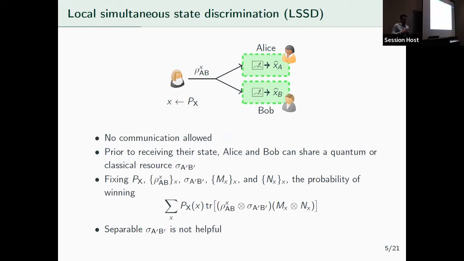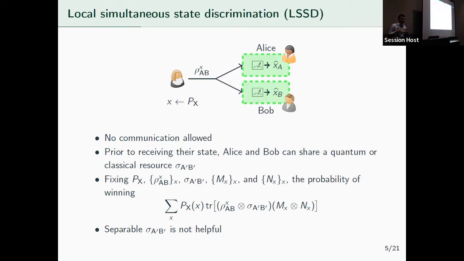Now I have a few remarks about the model. First, there is no communication allowed between Alice and Bob. This is very different from the case that they can have some classical communication. For example, if they can communicate, if Alice finds the value of x, then she can send it to Bob. But here they should separately find the value of x. However, we allow them to share some resources. For example, they can share the quantum or classical state sigma_A'B'. This can be a classical or quantum state.